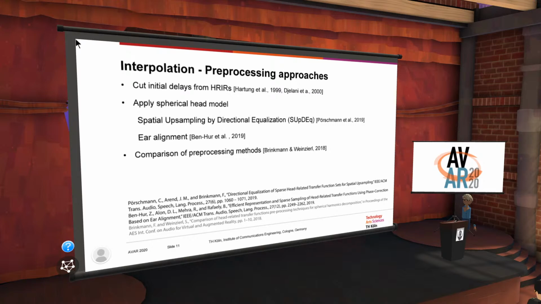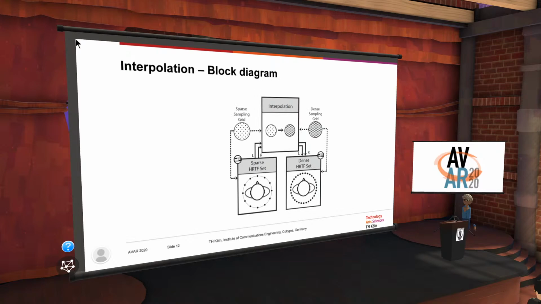There's a very nice paper comparing preprocessing methods, which was presented at exactly this conference 2 years ago from Fabian Brinkmann, 2018. SubDQ and ear alignment are missing, they were invented later, but you can refer to these preprocessing methods, which is quite worthwhile reading.